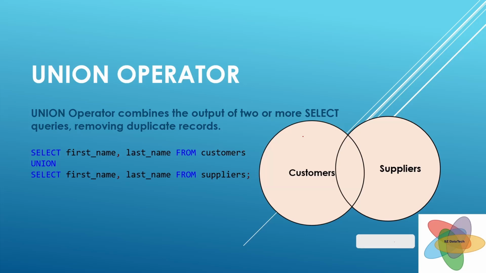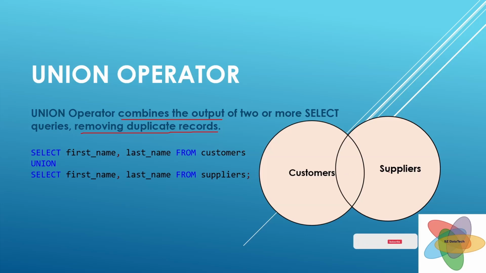So, the union operator. As mentioned here, the union operator combines the output of two or more select queries. And one more highlight: it removes duplicate records. Let's assume there are two tables, a customer table and a supplier table. The customer table provides customer output, the supplier table provides supplier output.